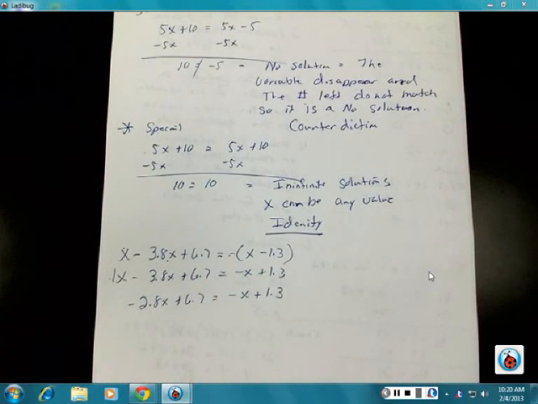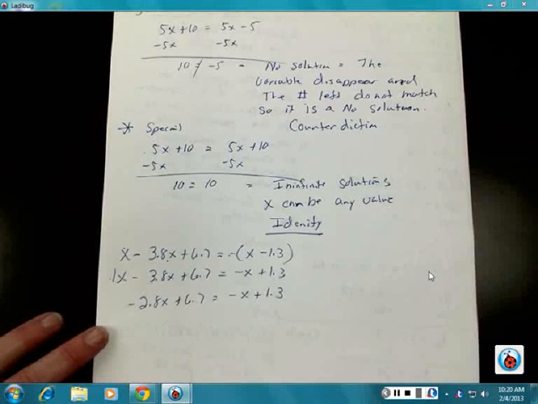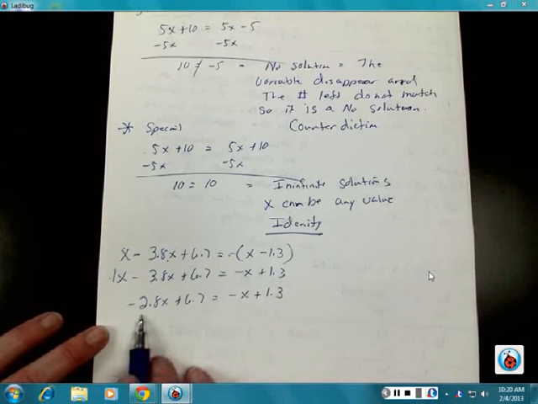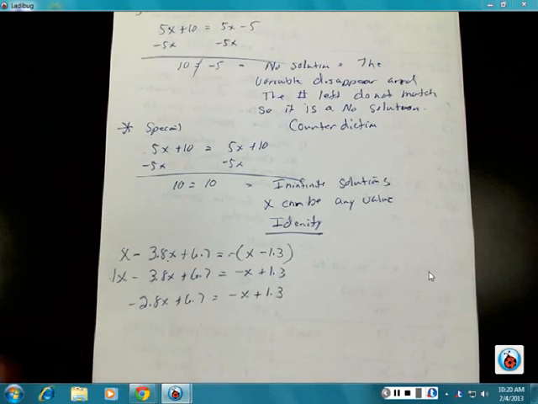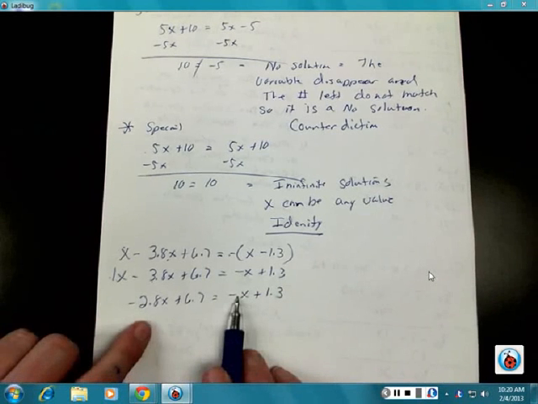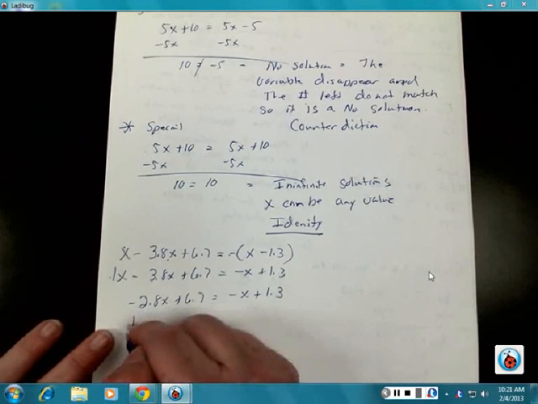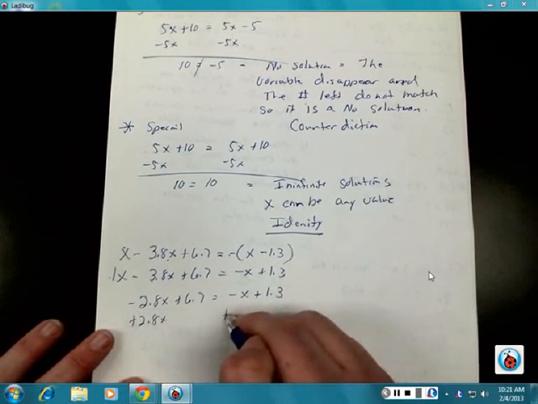Once I make it to that part, what has to happen? Plus 1x, or do I want to add this thing to this side? Which one's smaller, negative 1 or a negative 2.8? Negative 2.8. Right, so I want to add 2.8.